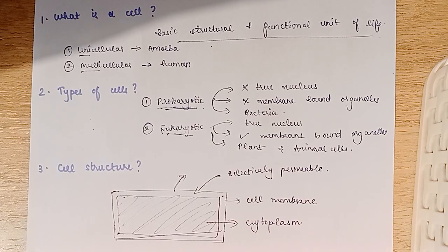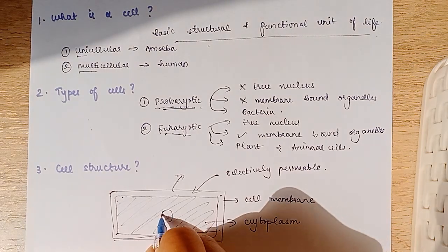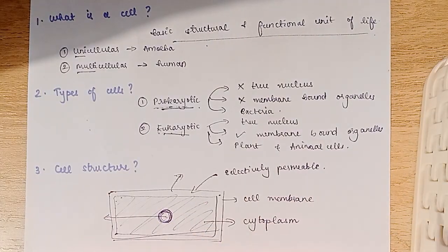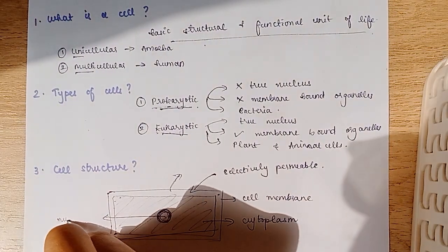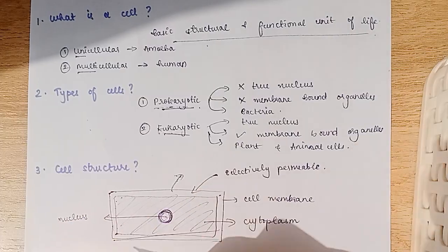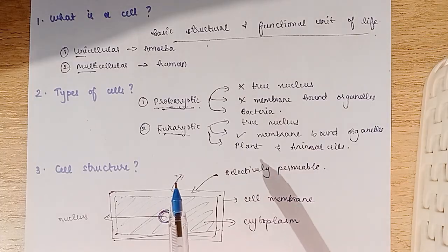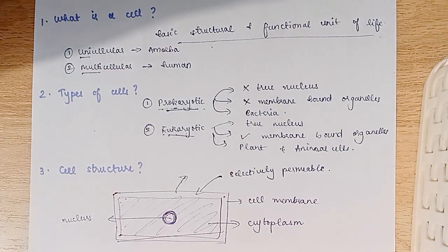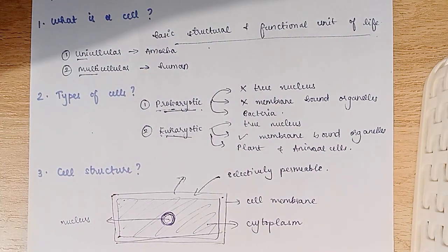You'll be learning that in the higher classes. The next structure is a circular structure called the nucleus. Just like the CPU is the brain of the computer, in the cell, the nucleus is the control center of the cell and it contains DNA.